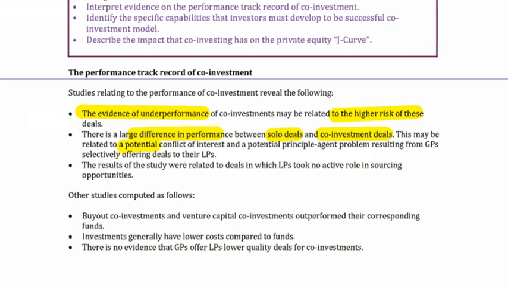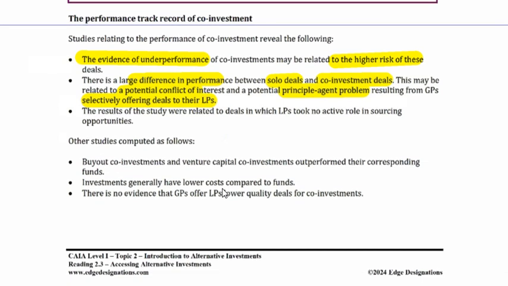It could be related to a potential conflict of interests and a principal agent problem, resulting from the GP selectively offering deals to the LPs. Remember, the GP may not offer the best stuff across to the LPs. They may keep the good stuff for themselves and offer the LPs not the best deals to co-invest alongside. Other studies show that buyout co-investments and VC co-investments outperformed corresponding funds.